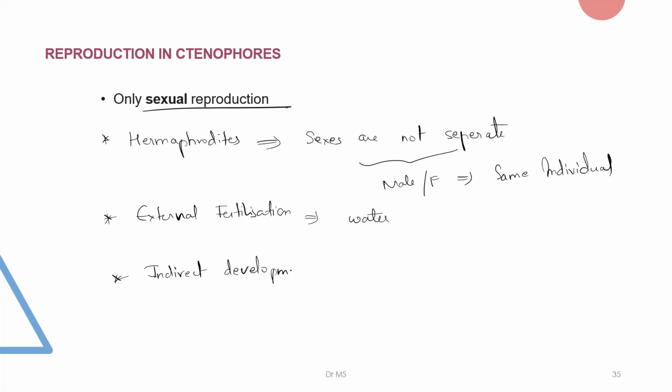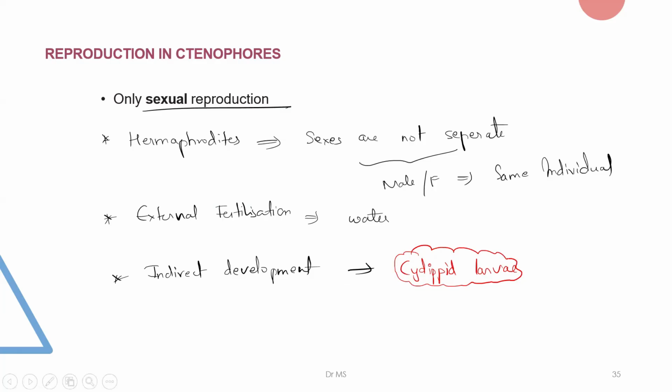Indirect development means they have a larva stage. The larva commonly seen in these ctenophores is called the cydippid larva. Remember, just know the word. It's the cydippid larva. That's the most common larva seen in most ctenophores.